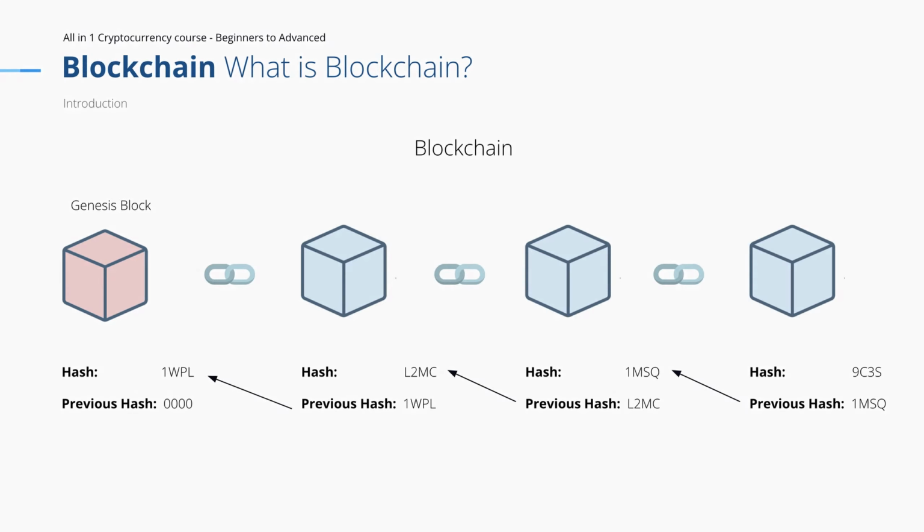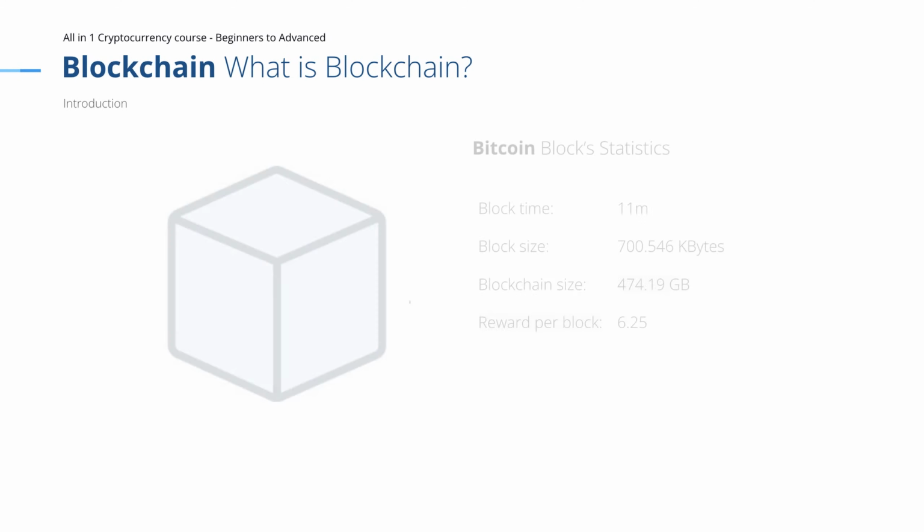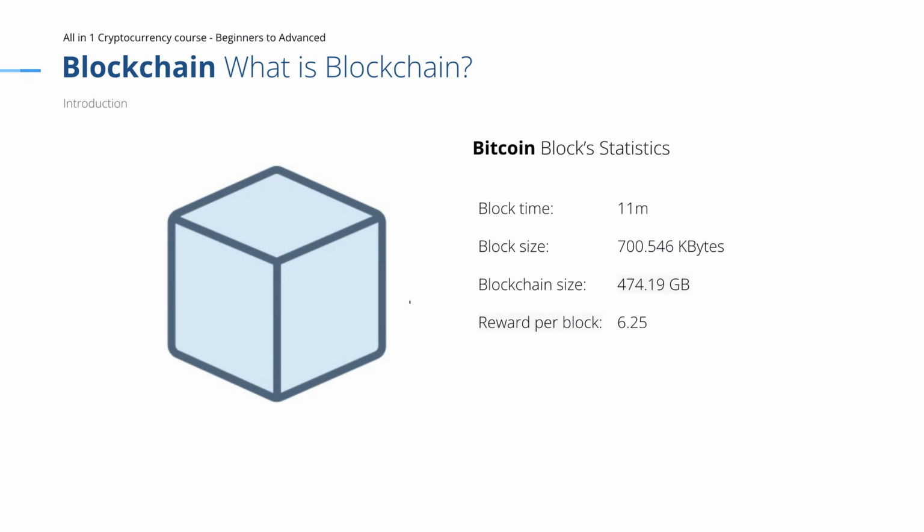Well, let's take a real example. This is the information from a Bitcoin block. There are statistics on how much time it takes to generate a block. It takes around 10 to 11 minutes to generate one block in the Bitcoin blockchain. The total size of the blockchain is 474.19 GB, and each block size is around 700 KB.